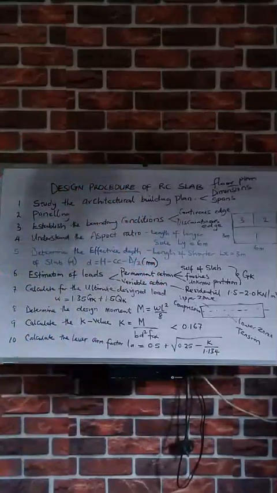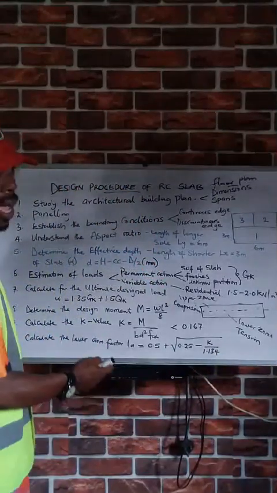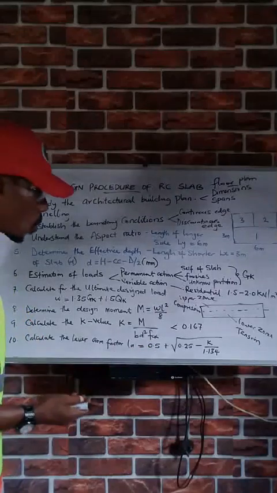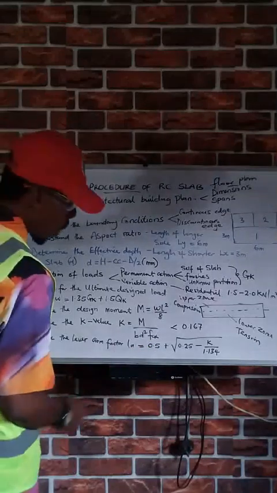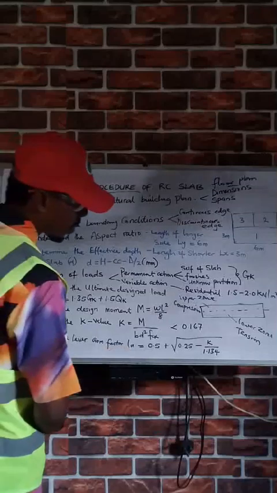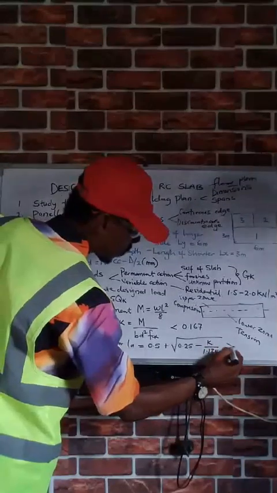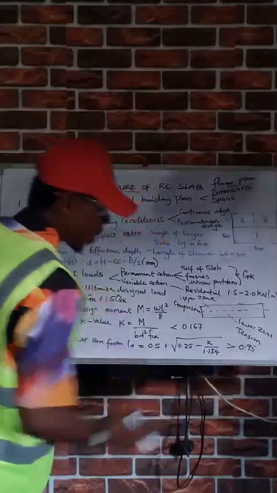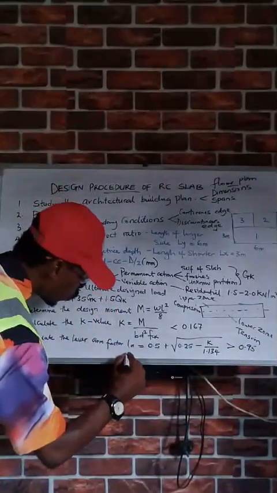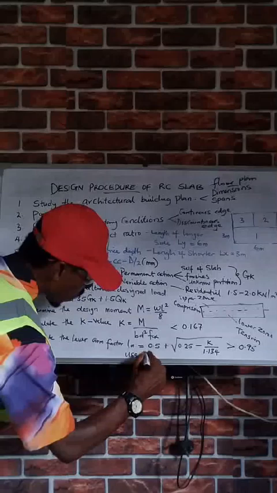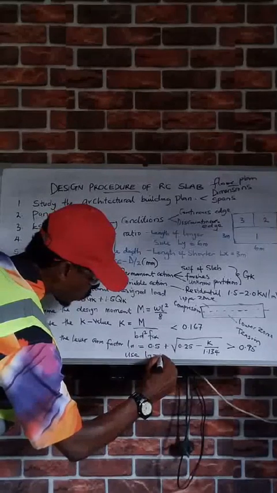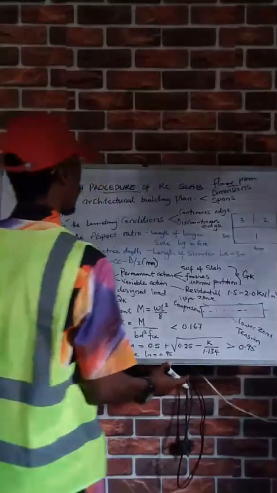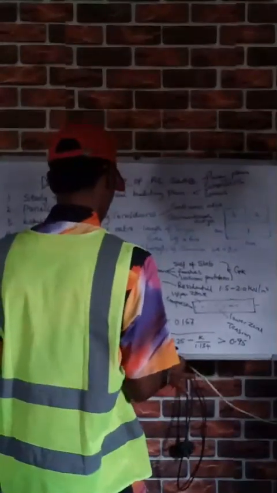This is what is provided in our code, and it states that once LA is greater than 0.95, the code says use LA equal to 0.95.